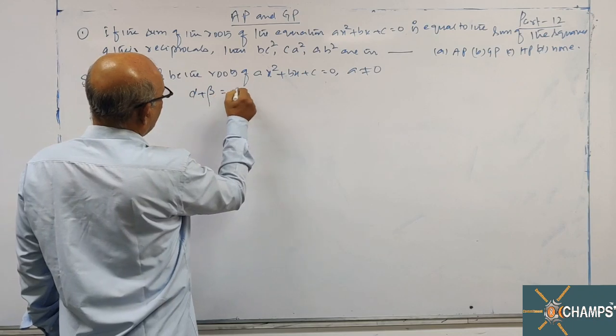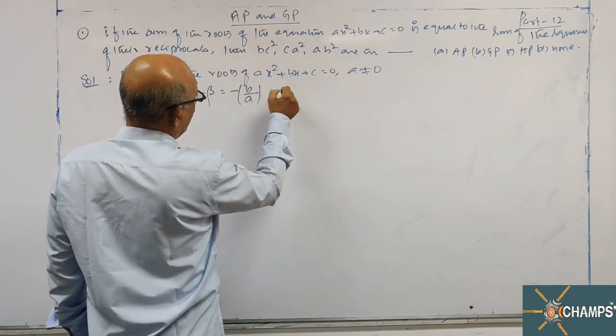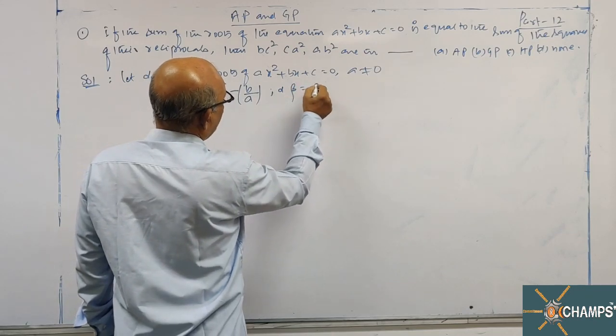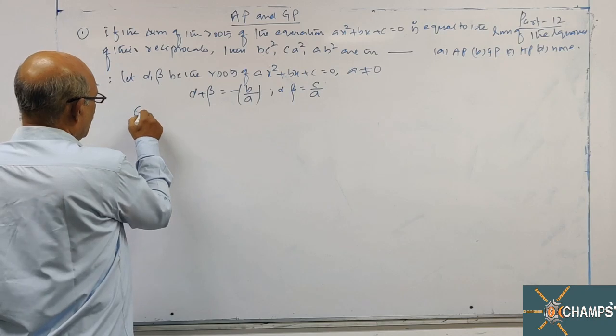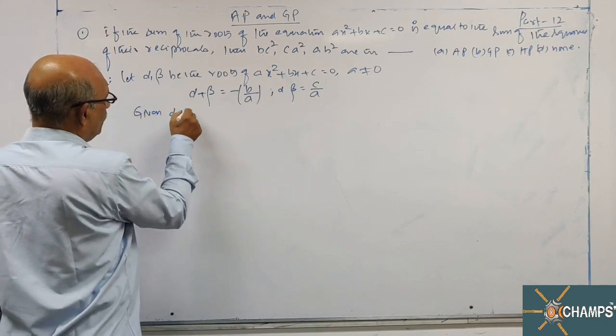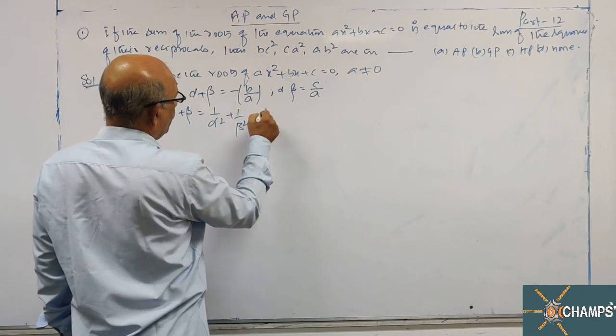So alpha plus beta is minus x coefficient by x square coefficient, alpha beta is constant term divided by x square coefficient. It is given alpha plus beta is equal to 1 by alpha square plus 1 by beta square.